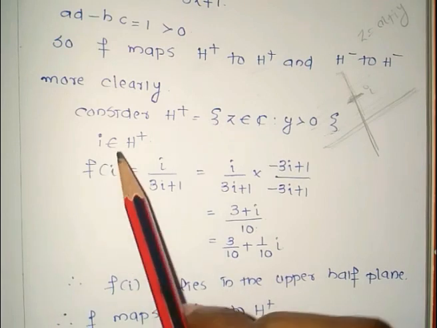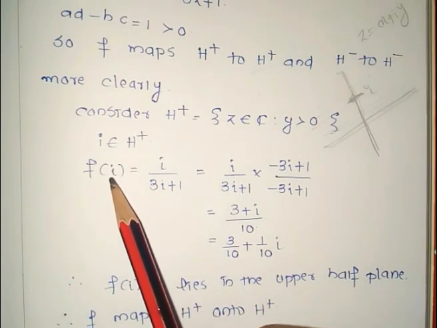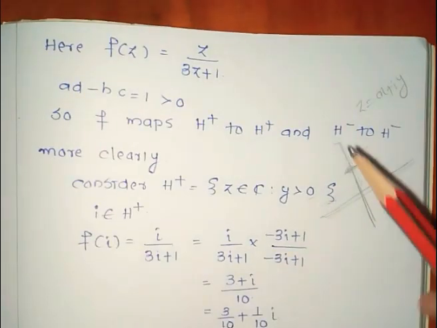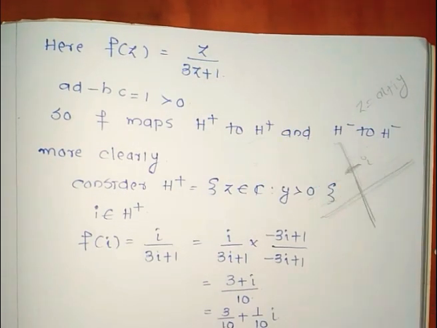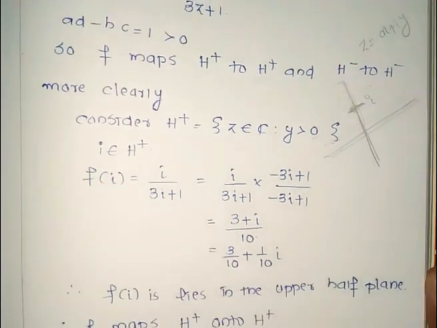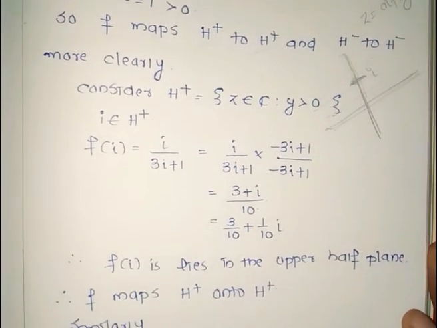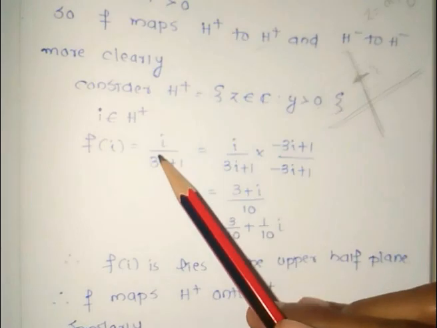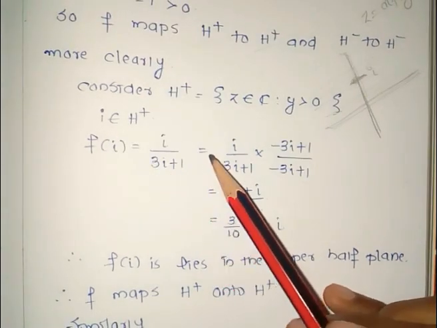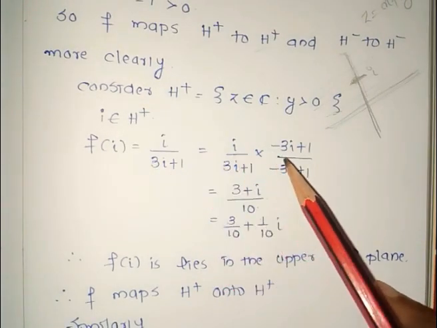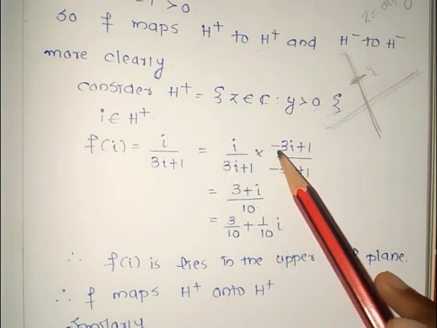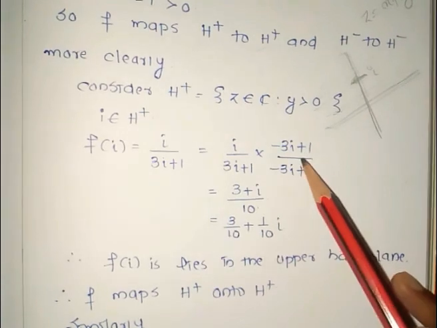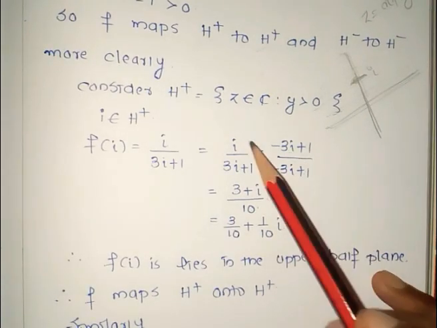So we are computing f of I. We have f of z is equal to z divided by 3z plus 1. So we are substituting I instead of z. We get f of I is equal to I divided by 3i plus 1, then we multiply by the conjugate: I by 3i plus 1 into minus 3i plus 1 divided by minus 3i plus 1.